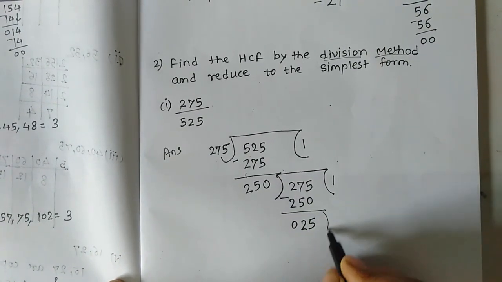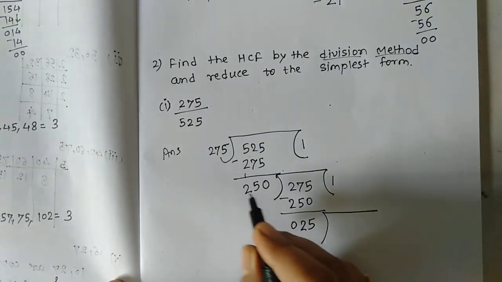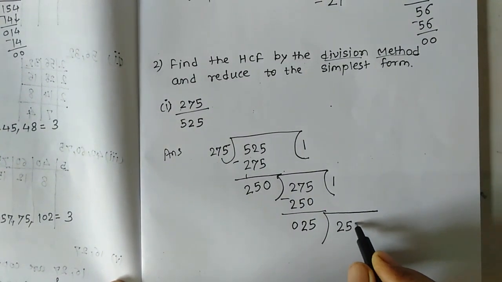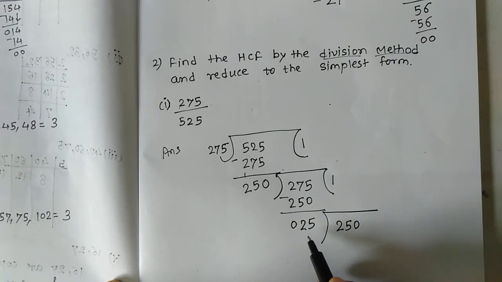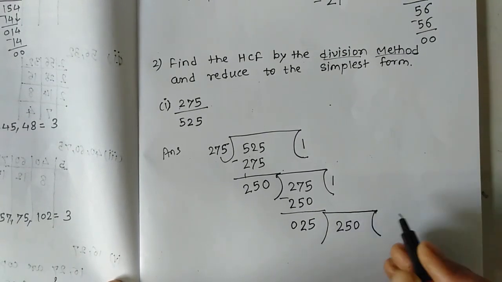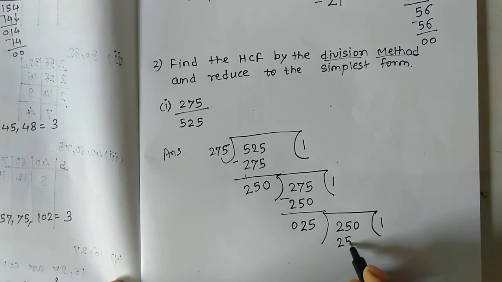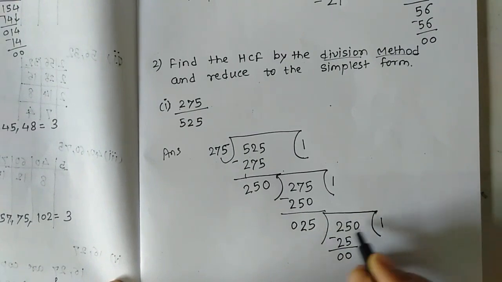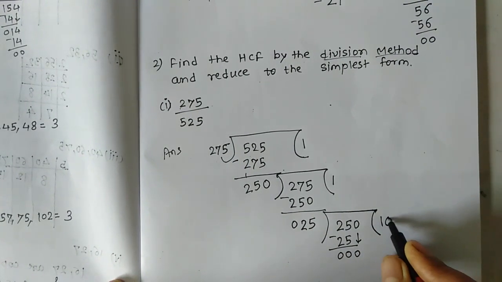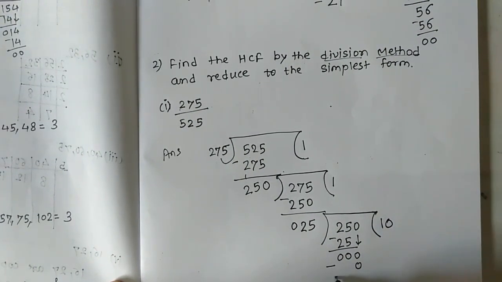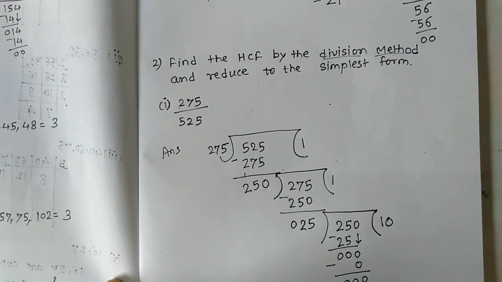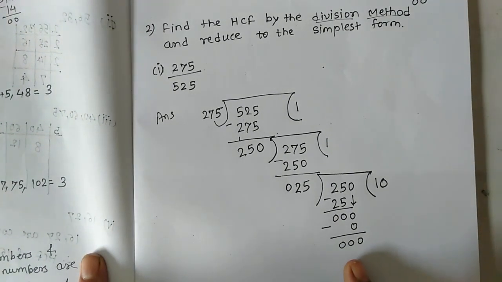Now 25 becomes the divisor for 250. 25 ones are 25, 25 tens are 250, so the remainder is 0.